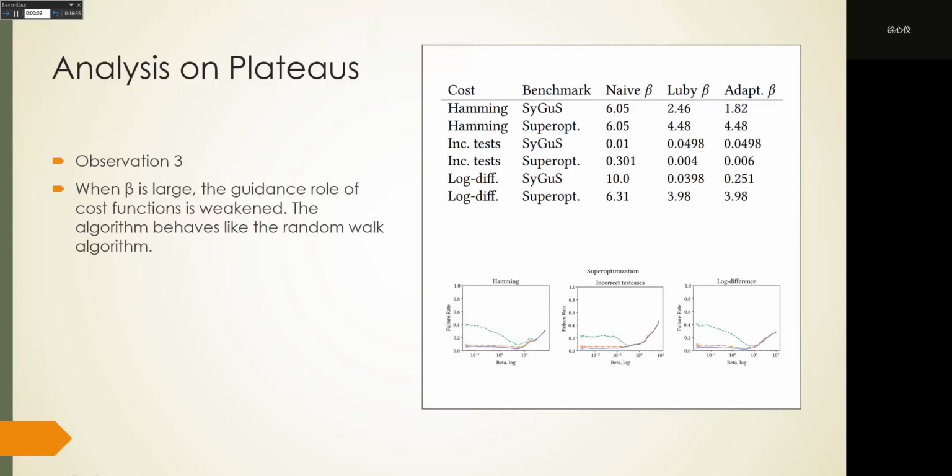So here is the optimum beta under different cost functions and different strategies, and the beta can be really high.